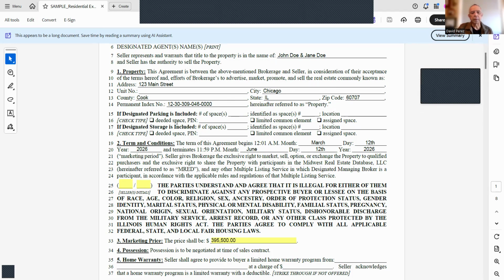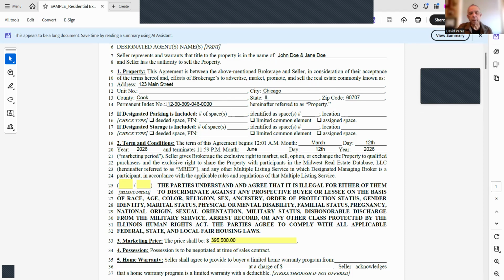If designated parking is included, this is usually for condos, townhouses, things like that, that have separate parking spaces that are sold with the property. A lot of times they have their own PIN number.